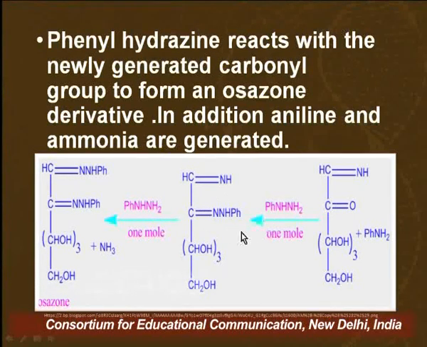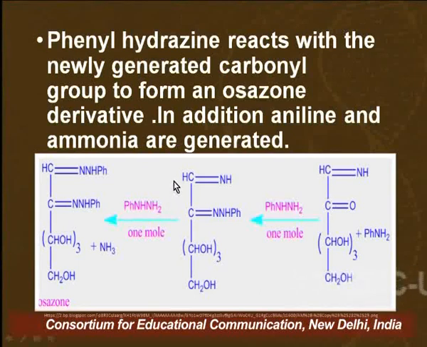Now in the last step, the third molecule of phenyl hydrazine reacts with this group, and this hydrogen is eliminated from here, because this hydrogen is acidic in nature, and an NH2 forms a bond with this hydrogen, generating another group here, and in the process ammonia is eliminated.